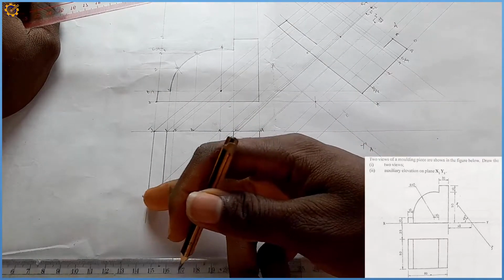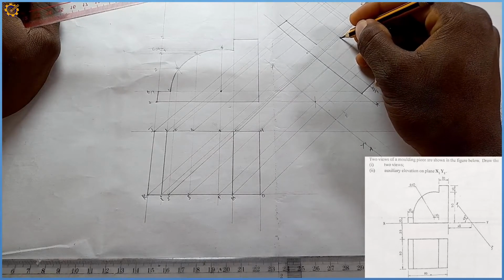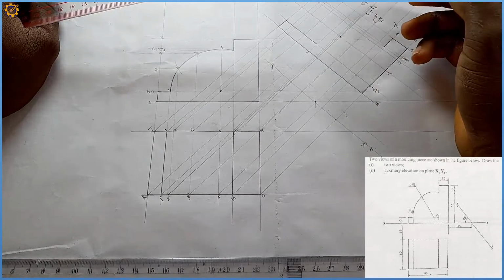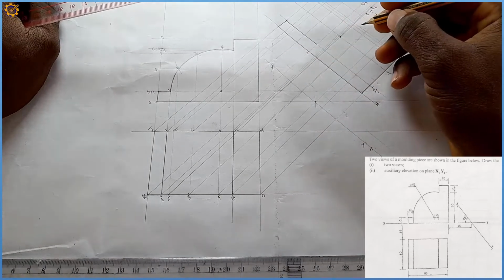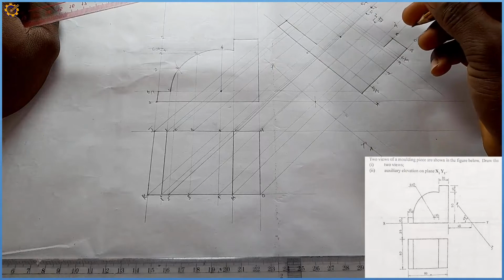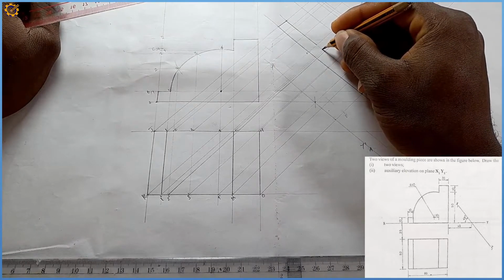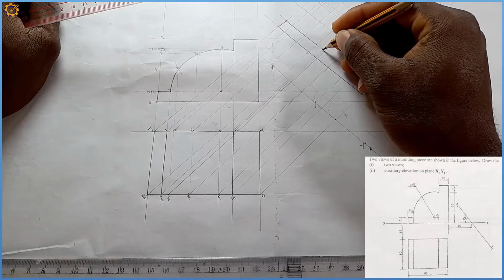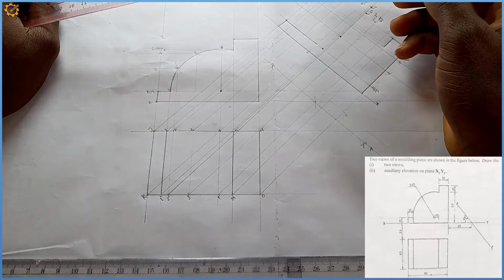My 1 complement intersects my mark B and 1 right here. So take note of that.